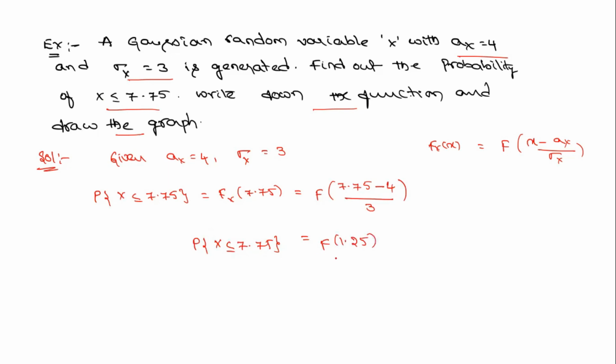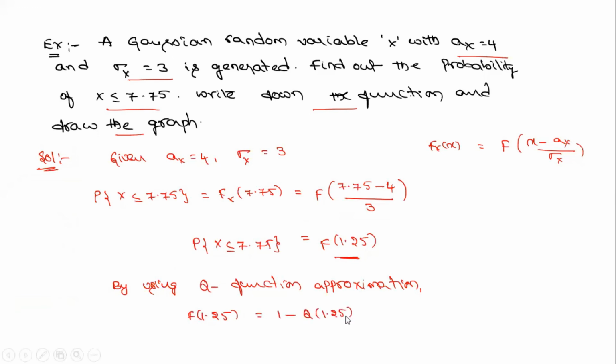We need to find this F of 1.25 using the Q function value. Using the Q function approximation, F of 1.25 is equal to 1 minus Q of 1.25. Again I am using the Q approximation method, so writing the equation: F of 1.25 is equal to 1 minus Q of 1.25.